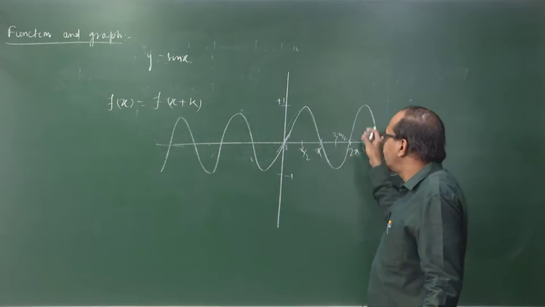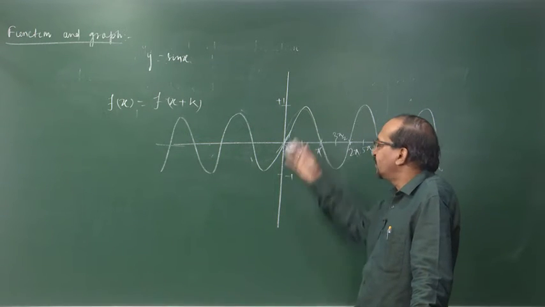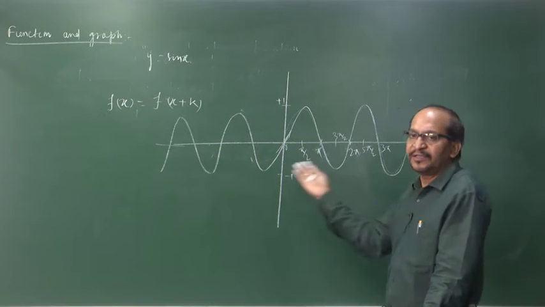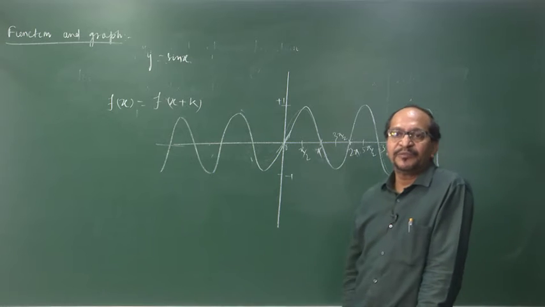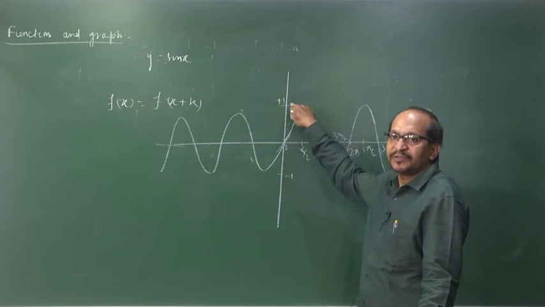Okay. This is called a periodic function, and the graph is quite continuous. There is no break in the graph, and the domain is the entire real numbers, but what is the range? Range is between minus 1 and plus 1.